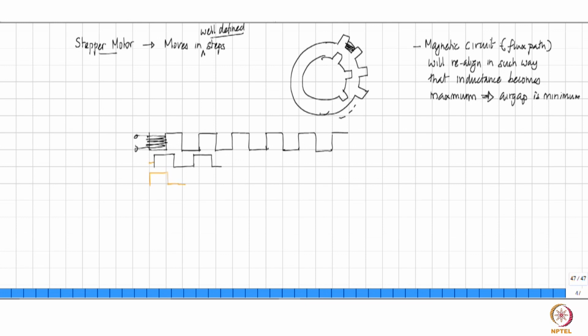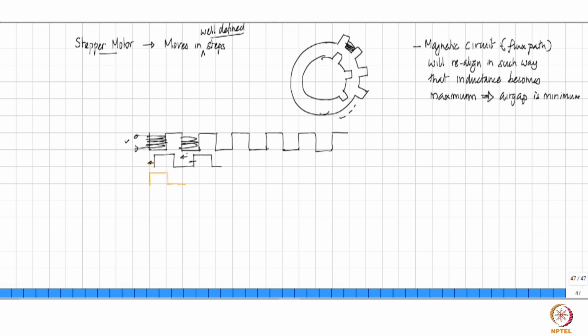Okay, so this will move by a small amount and snap into that angle, right? And you must have designed it in such a way that when this moves and snaps into this angle, the next one, obviously the whole thing is going to move, and there is an asymmetry there now, right? So after you excite this, then when you excite the next one, this should cause a similar amount of displacement here, and therefore if you go on exciting it in steps, first this coil, then this coil, then this coil, it will move in steps as you excite it.